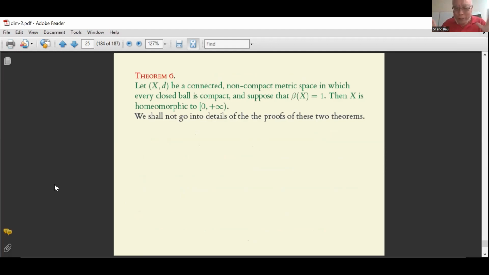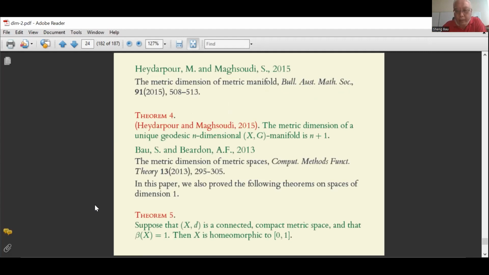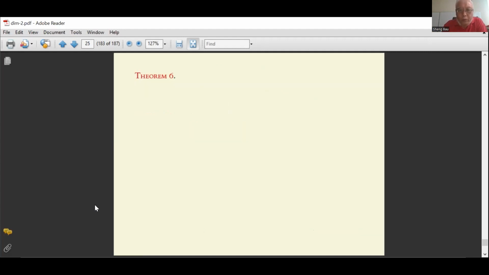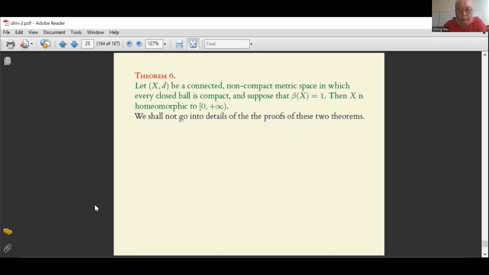Of course, this statement is not true, but what they meant was for any given natural number n, there exists a finite simple connected graph whose metric dimension is equal to n. They didn't mean any given finite graph has an arbitrarily large metric dimension. No, that is false. But anyway, this result, together with that result, theorem 5 here, should give somebody who is thinking a hint about something very strange here.